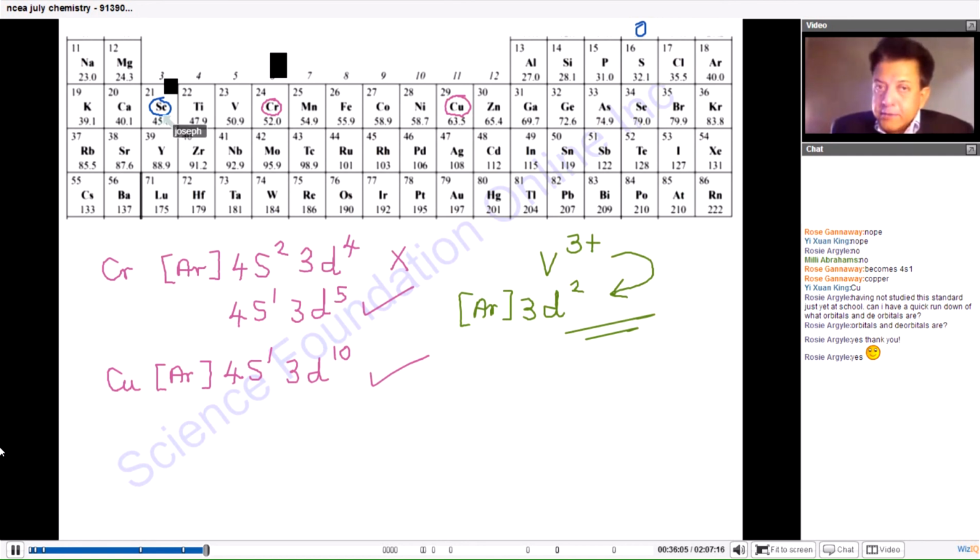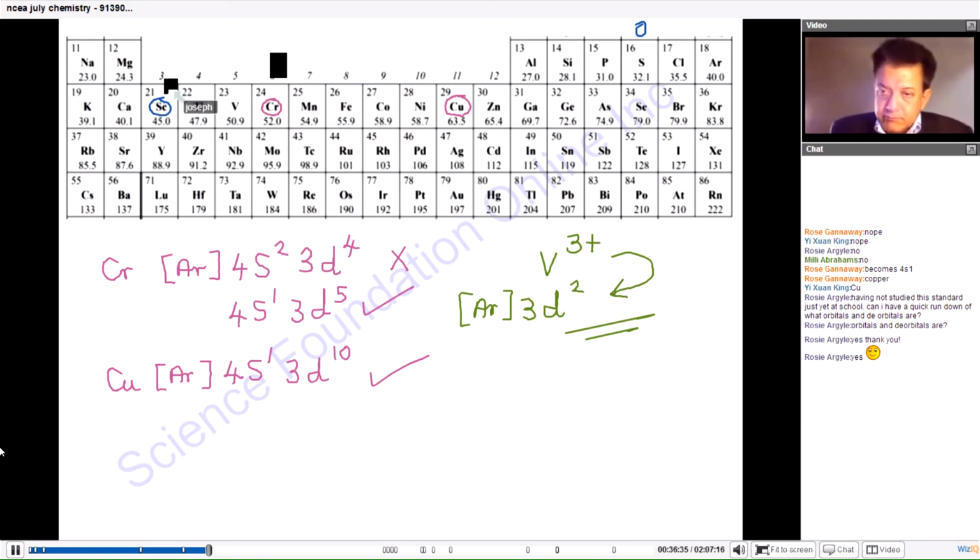Scandium, on the other hand, can achieve a very stable, completely filled outer electron shell only through losing electrons. So it will be expected to have a low electronegativity.